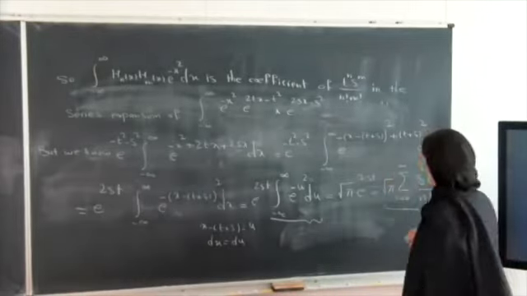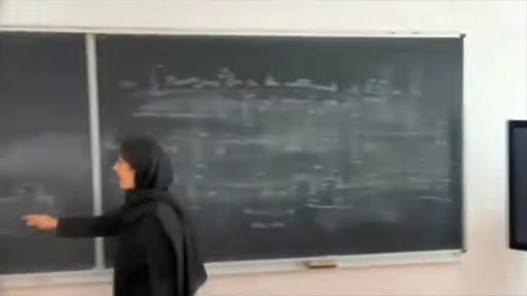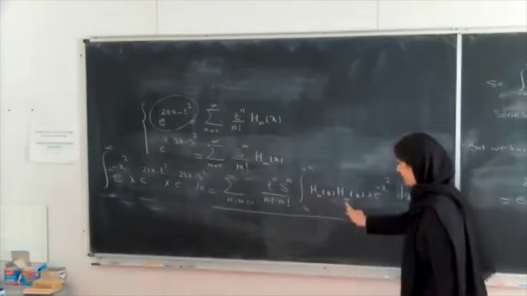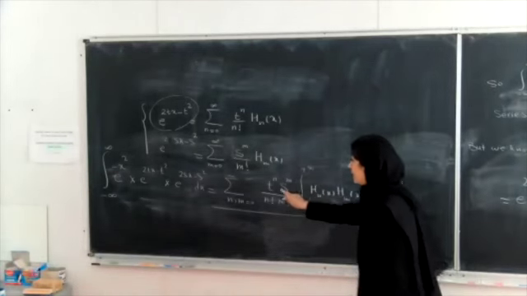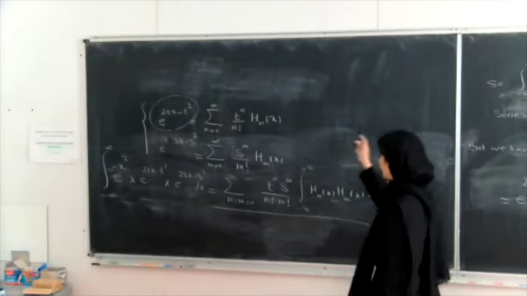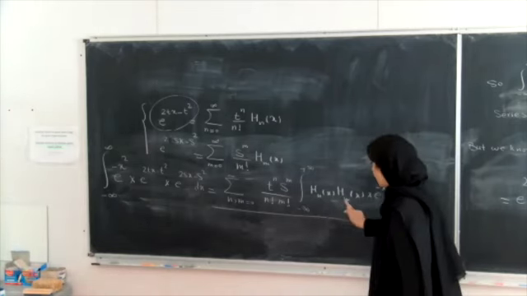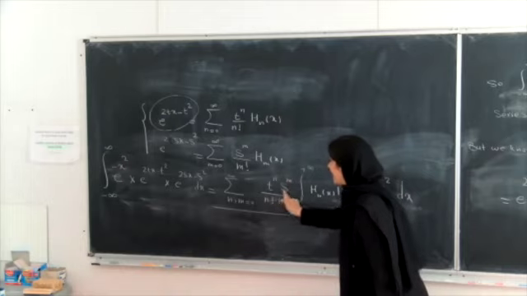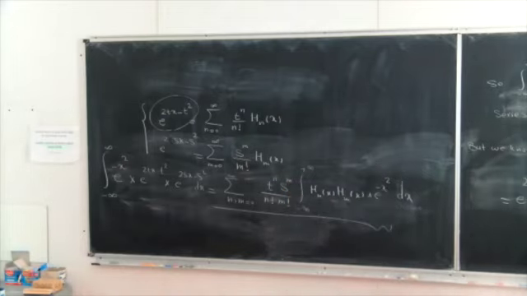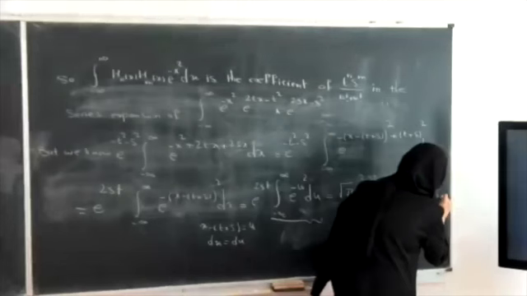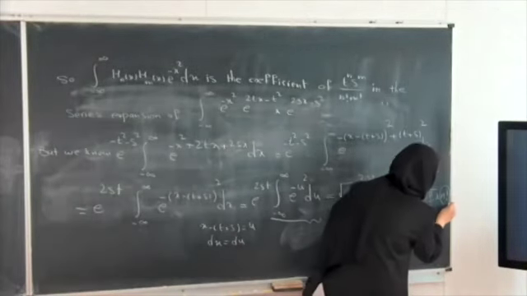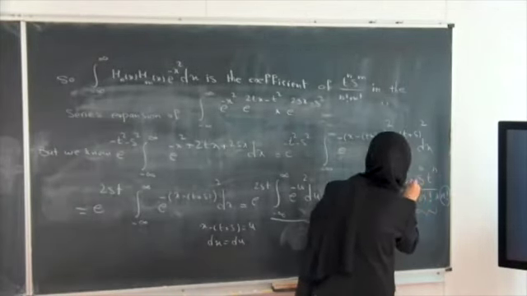So if n is different from m, this integral equals 0. And when n equals m, we have t^n s^n, n factorial, n factorial.